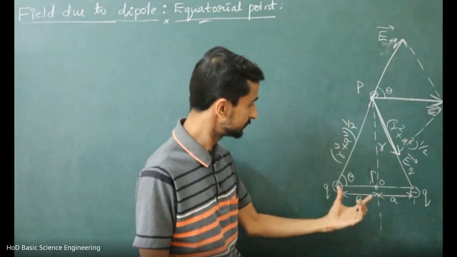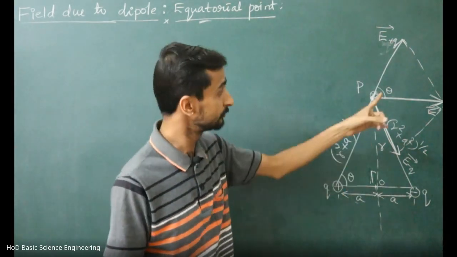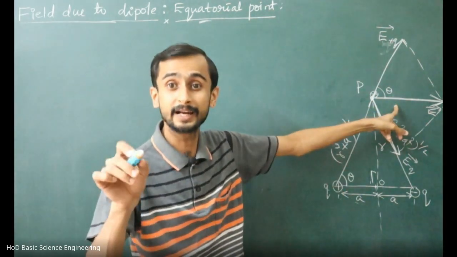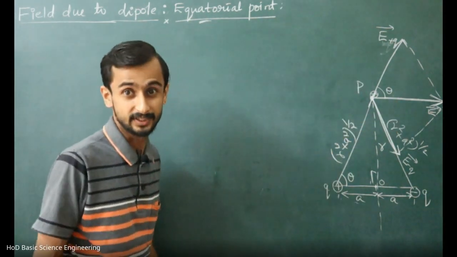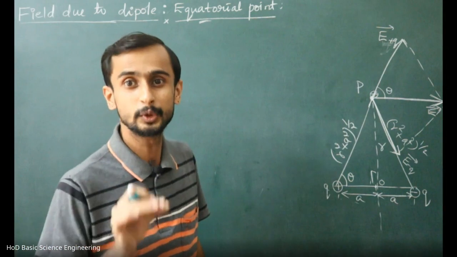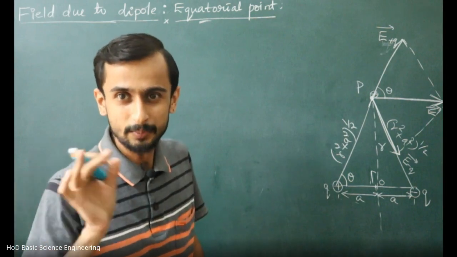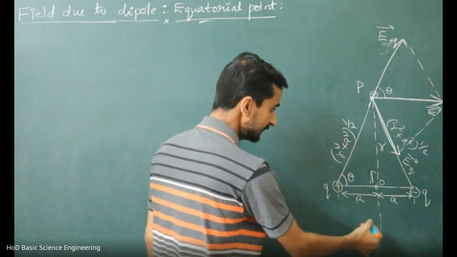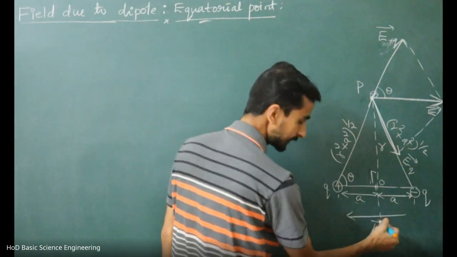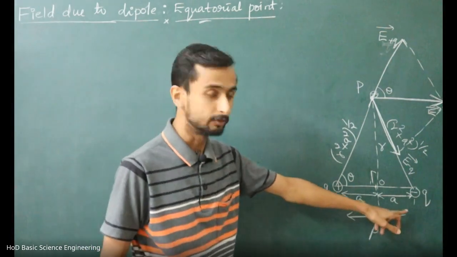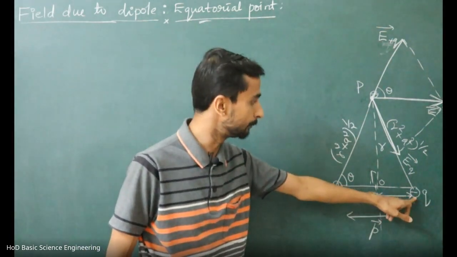That means if you compare the direction of this electric field with the direction of dipole moment. What is the direction of dipole moment? Yes, it is always from negative to positive, right? Negative charge to positive charge. That means here the dipole moment is acting along this direction. Correct? Dipole moment, vector P, is acting from minus to plus.